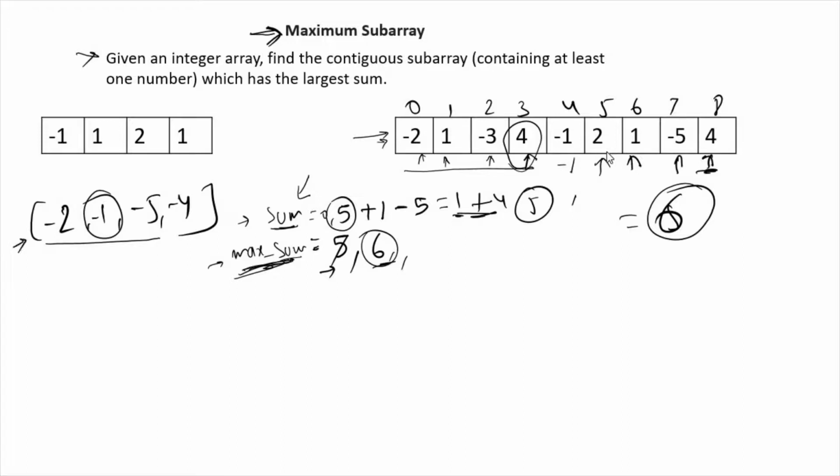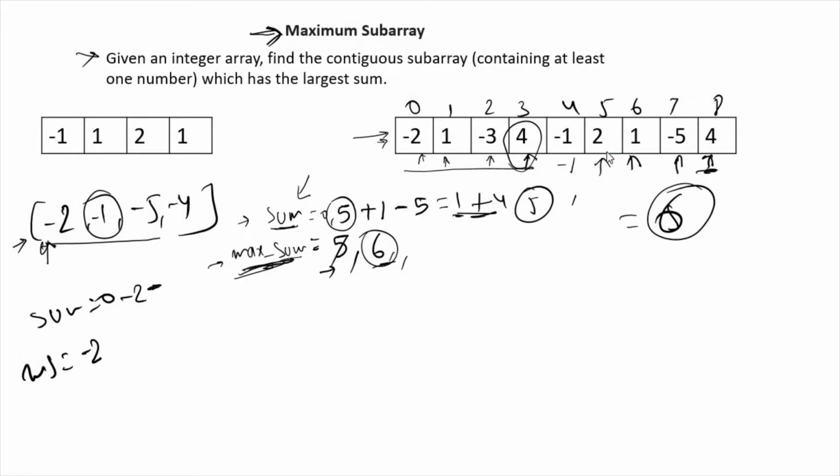In this case, all the elements are negative. So initially, sum was 0 and maximum sum was initialized with minus 2, correct? We add the first element, minus 2, so sum will be minus 2 and maximum sum is minus 2.